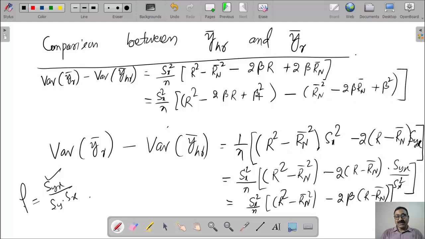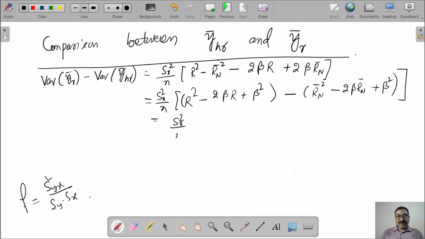So now we have added beta square and subtracted beta square here. So this is equal to Sx square by n into R minus beta whole square minus Rn bar minus beta whole square.